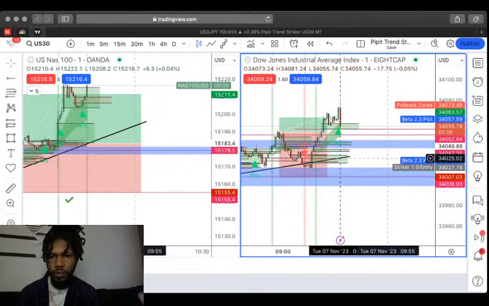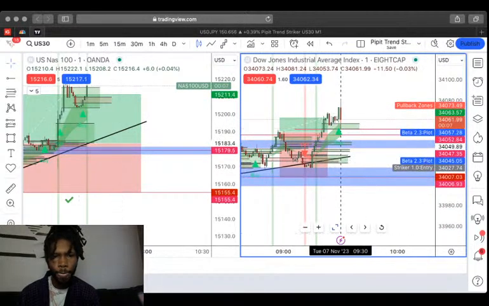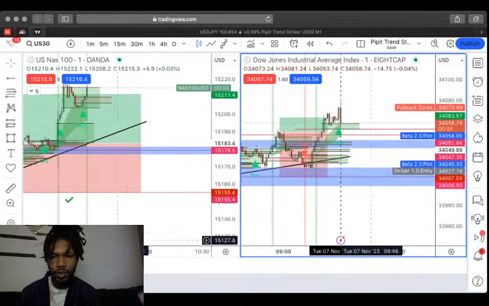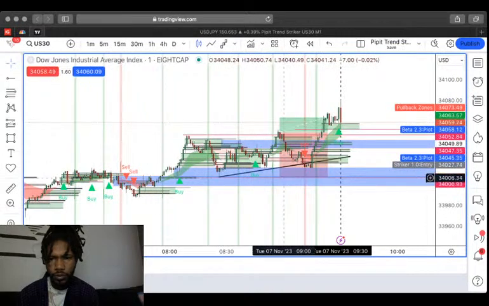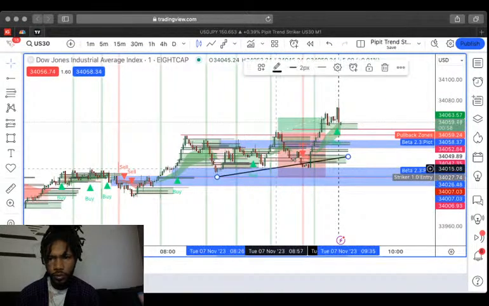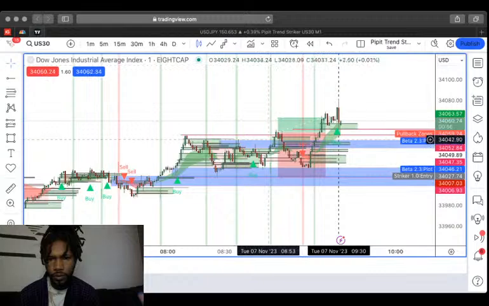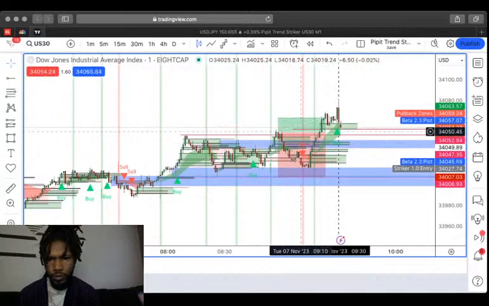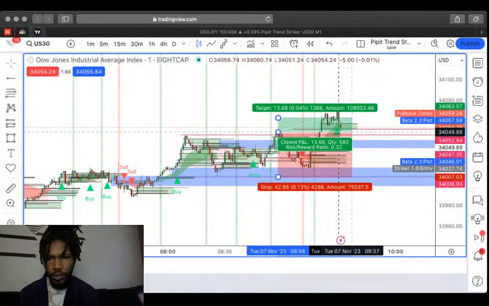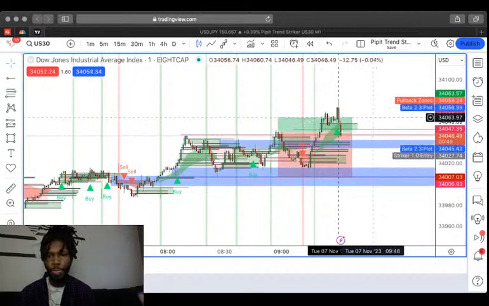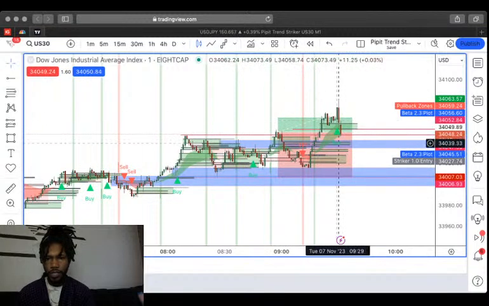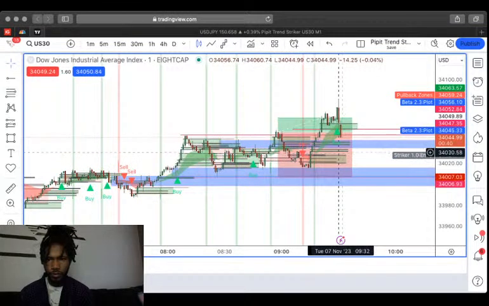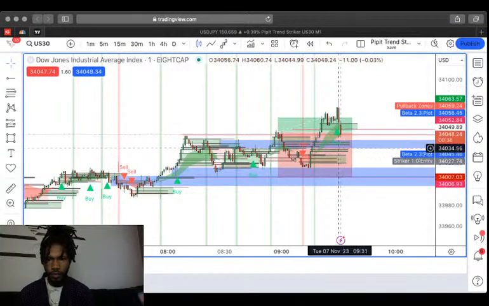Let's clean this chart up a bit. Technically, this will still be running right here. We got a breaker structure, a buy. It's pulling back into one of these zones. I would actually think it's going to pull back all the way down into this zone, maybe.